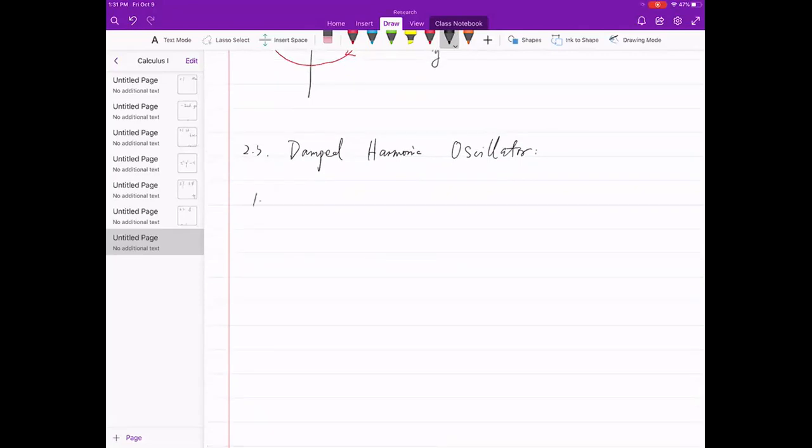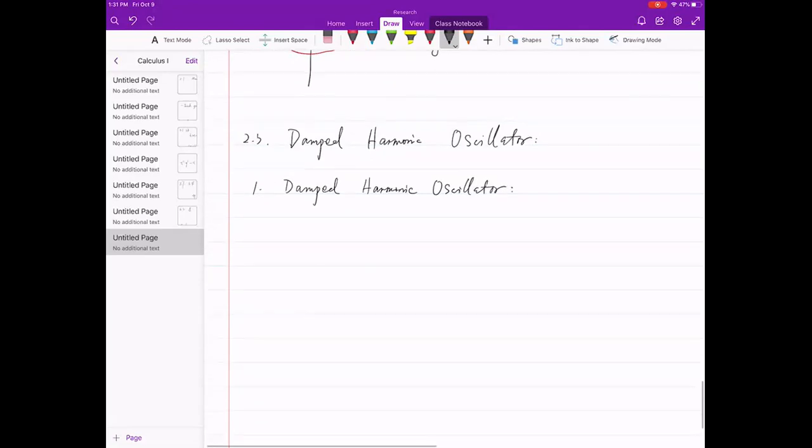This time we want to write down all the details of how to derive a harmonic oscillator. First, undamped. No friction.